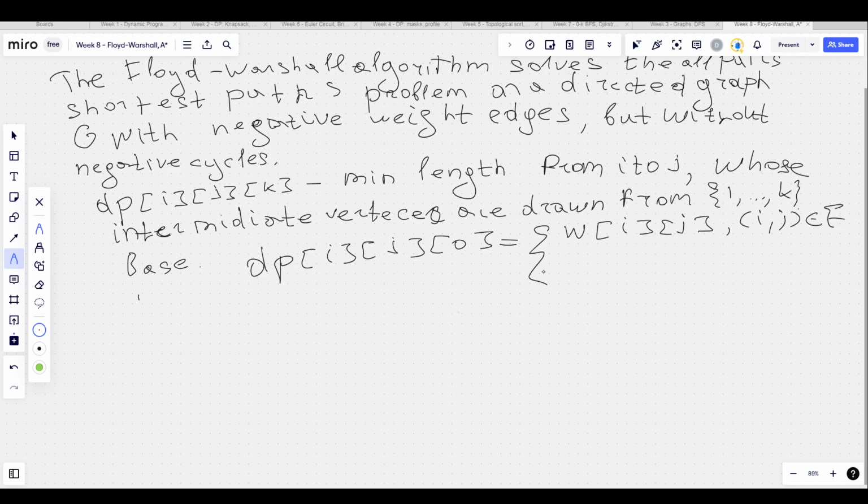Otherwise we take plus infinity. And we are going to consider layers. We calculate layer by layer with this slice of the array.